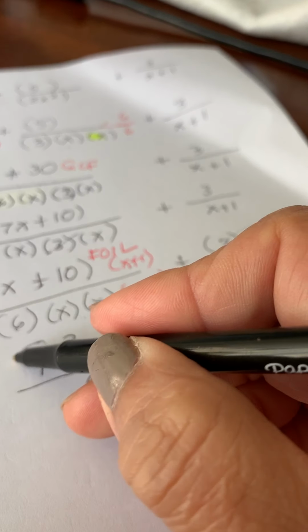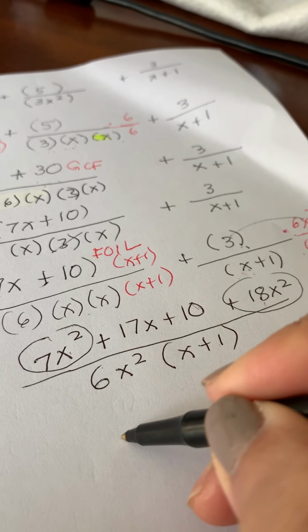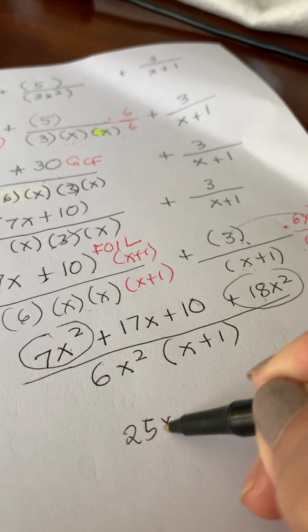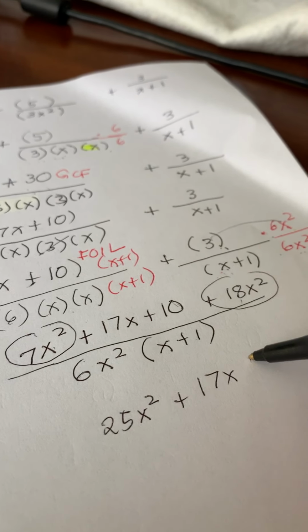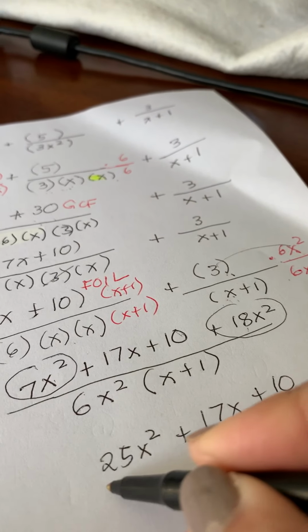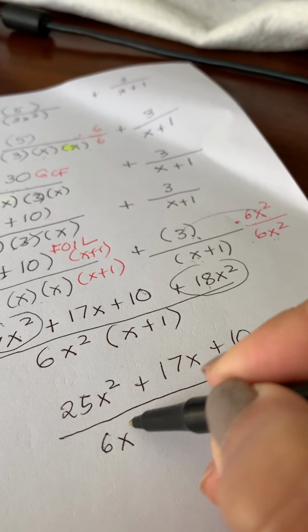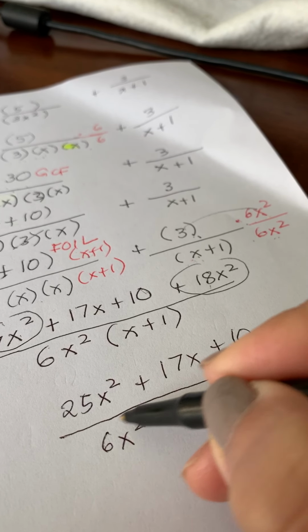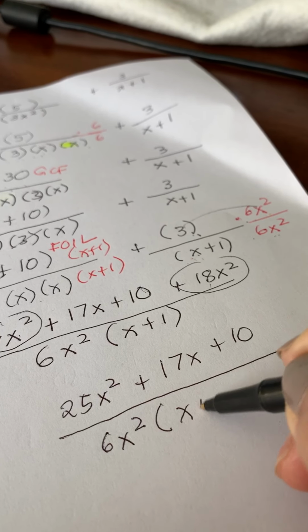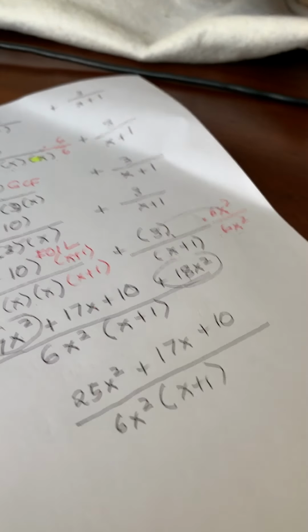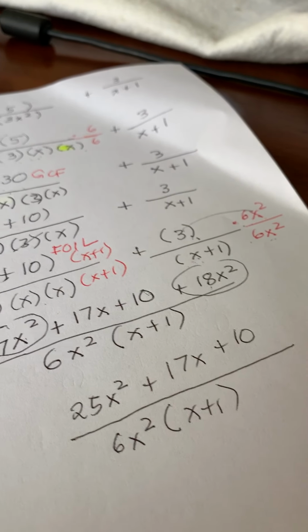On the top, 7x squared combines with 18x squared will give you 25x squared plus 17x plus 10, over 6x squared. You could also put a parenthesis there, x plus 1. Or you could write 6xx times x plus 1, that's okay too.